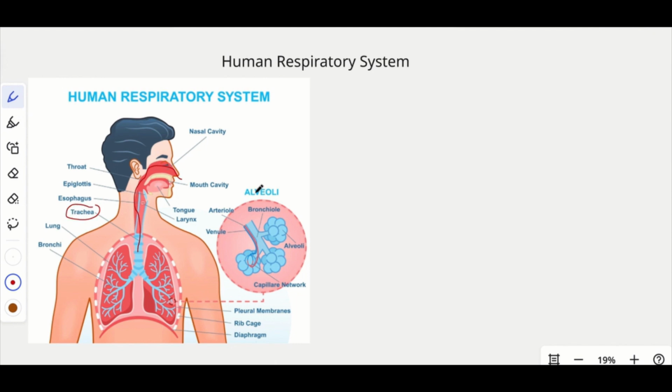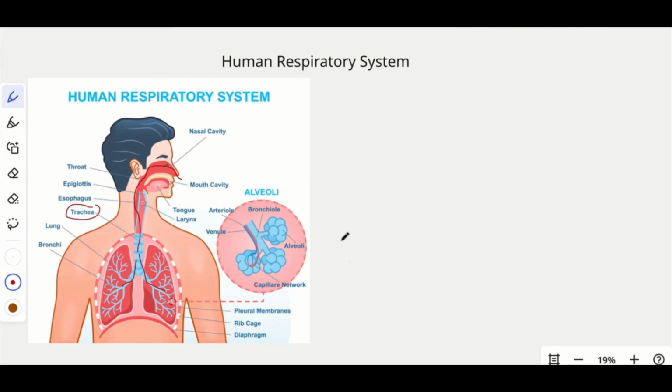Got it? Then what happens? The trachea divides into two bronchi, entering each lung. You can see here the main branch of the trachea dividing into two, which enter into the two lungs.